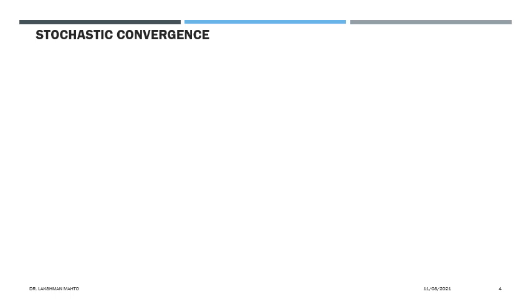There are two approaches to describe stochastic convergence. One is convergence in probability, another is convergence in distribution. Apart from that there are various other results, but these are the two major stochastic convergences we are discussing.